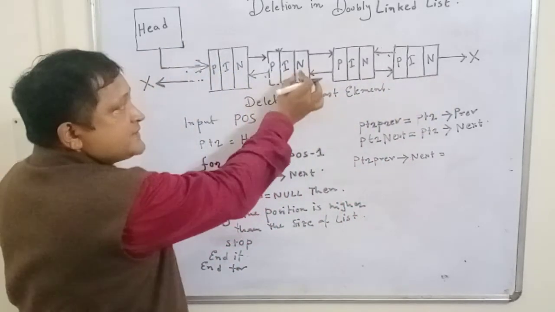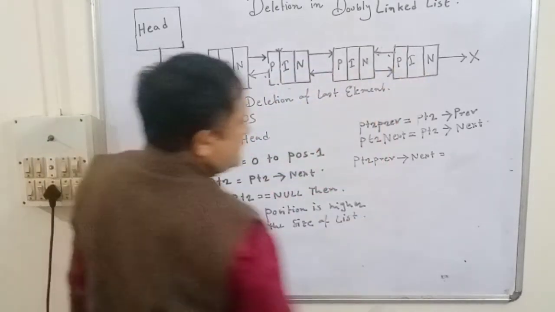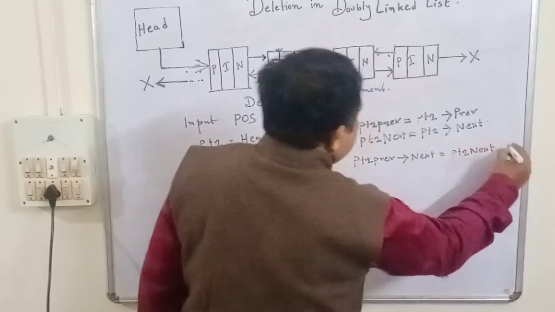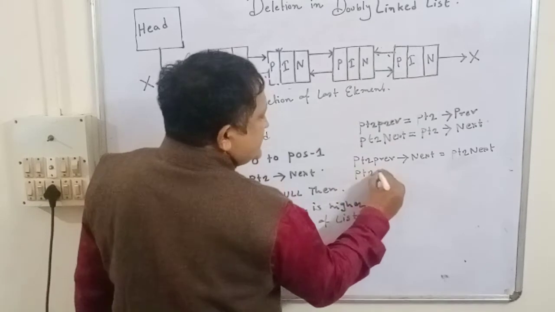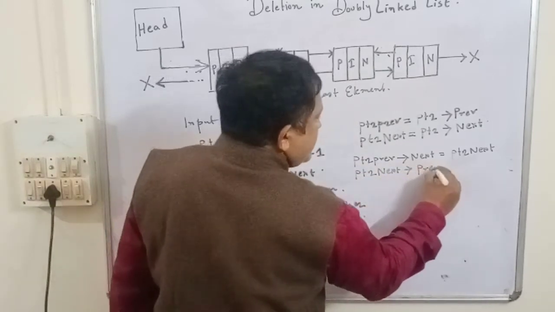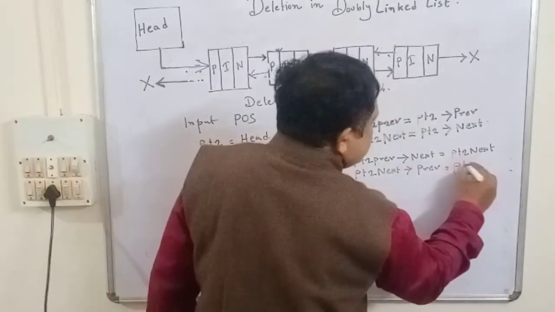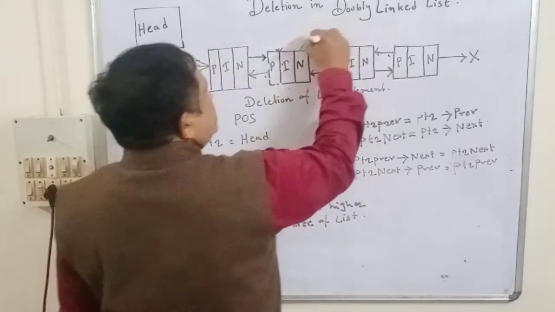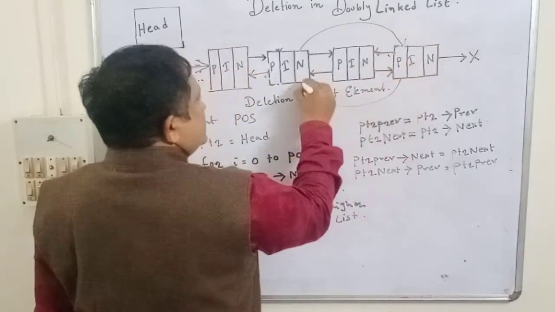The PTR previous's next part should contain the address of PTR next. And the PTR next's previous part should hold the address of PTR previous. So we have this connectivity.